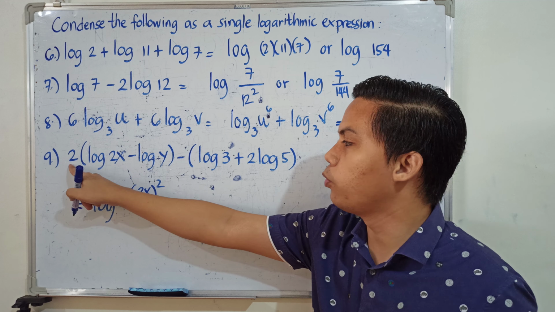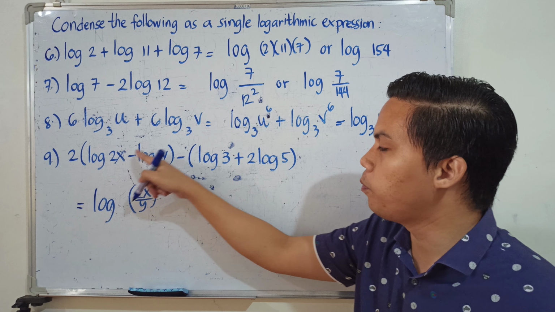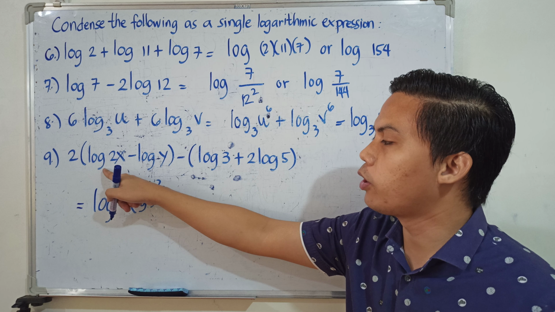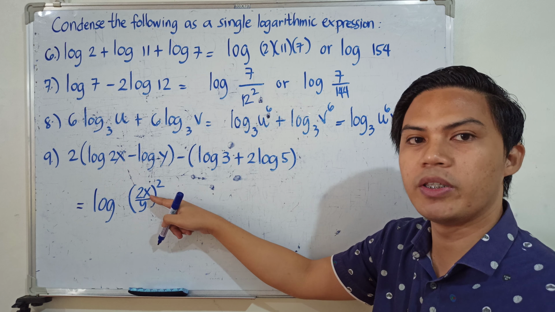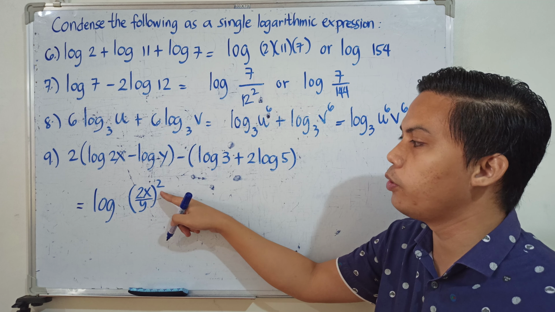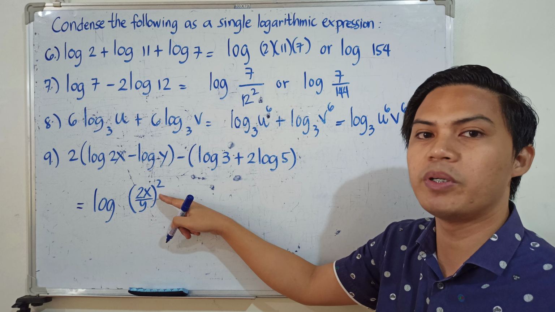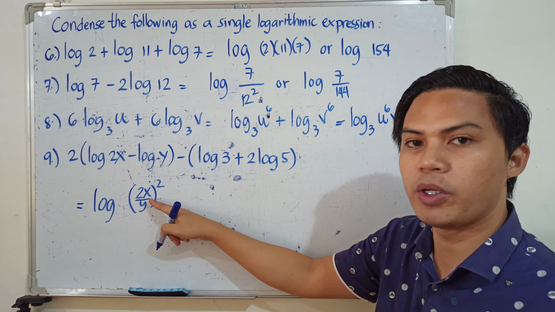So again, yung 2 na numerical coefficient magiging exponent. And since nasa loob ng parenthesis si logarithm of 2x and logarithm of y, ilalagay natin sila sa loob ng parenthesis. Ibig sabihin nito, both of the numerator and denominator, yung exponent nila would be 2, or they will be raised to 2. So, since minus, we're going to perform the quotient rule.